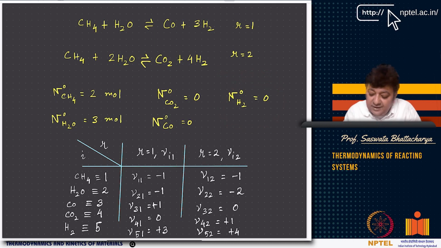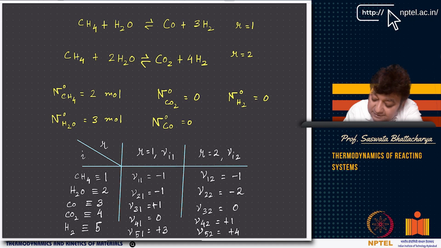So if you tabulate all of these, you have IR, where I is for the species and R is for the reaction. Say nu 11 for CH4 equals 1. CH4 I am calling species 1, H2O I am calling species 2, and 3, 4 and 5 are the products.